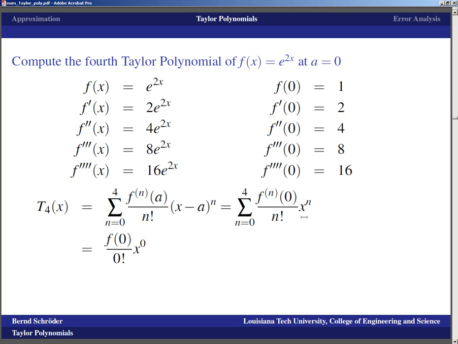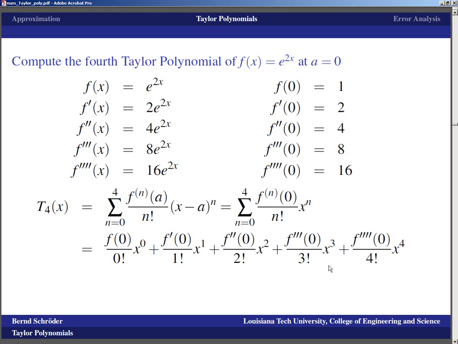That's just f of 0 divided by 0 factorial times x to the 0th plus f prime of 0 divided by 1 factorial x to the first plus f double prime of 0 divided by 2 factorial x squared plus f triple prime of 0 divided by 3 factorial x cubed plus the fourth derivative of f at 0 divided by 4 factorial x to the fourth.